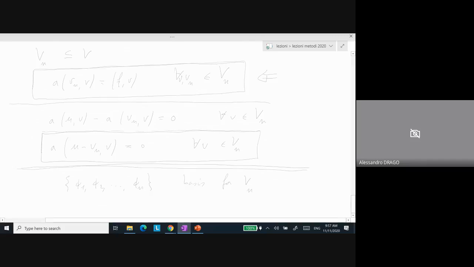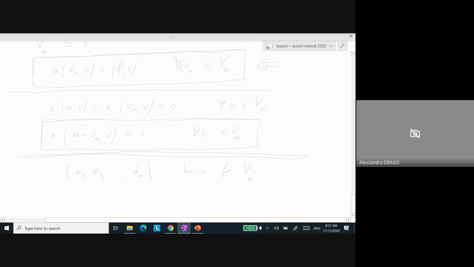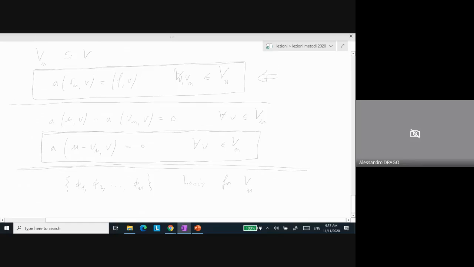So what does it mean that we want to find a Vn satisfying this equation for whatever V belonging to Vn?